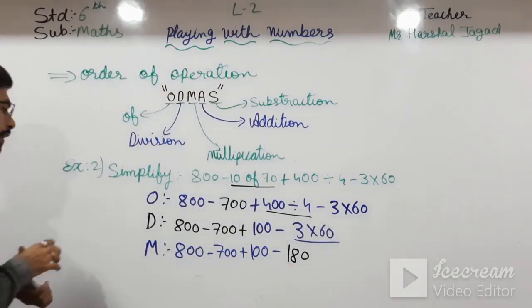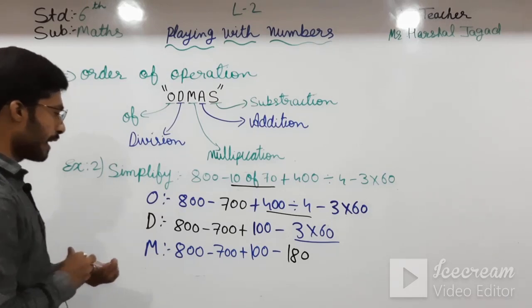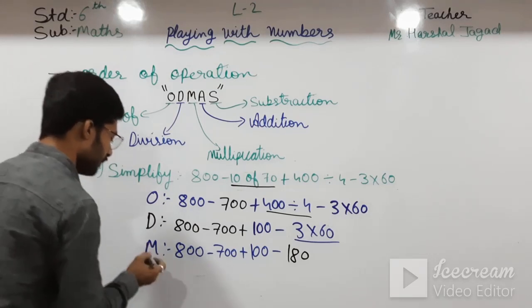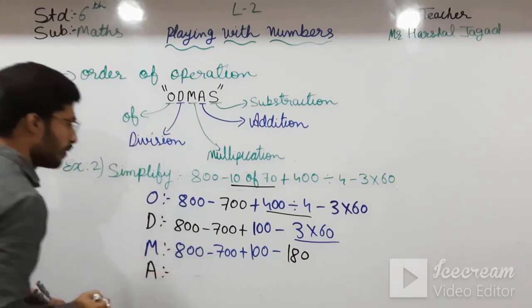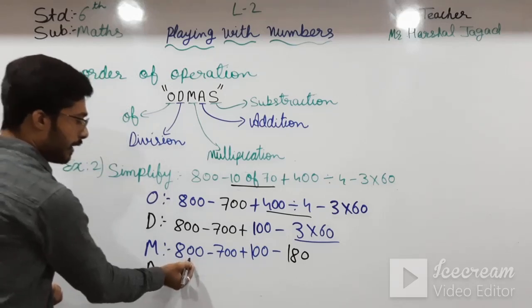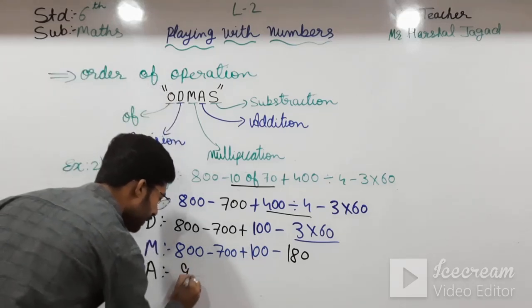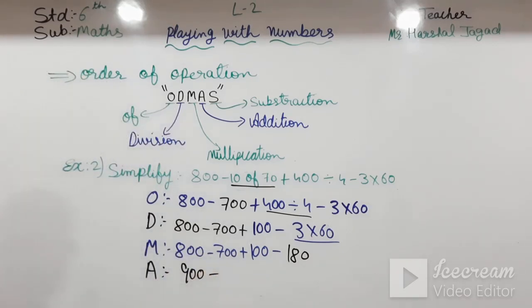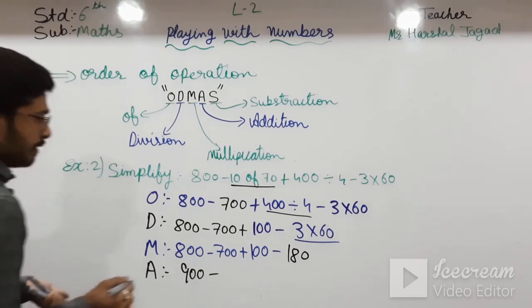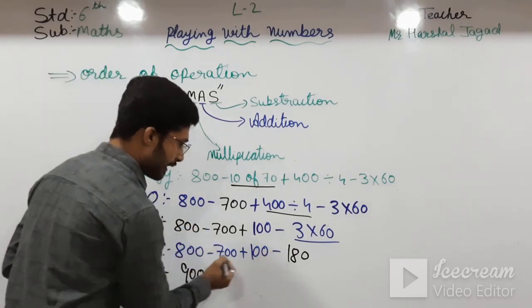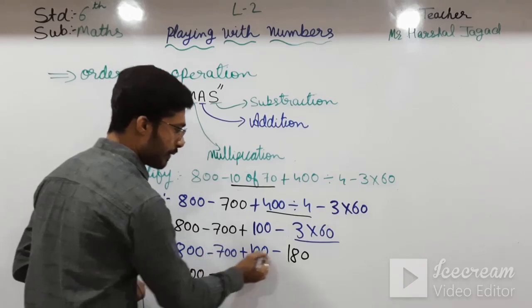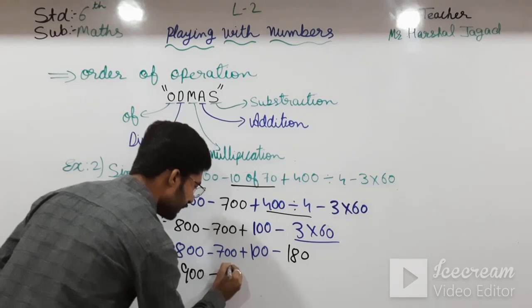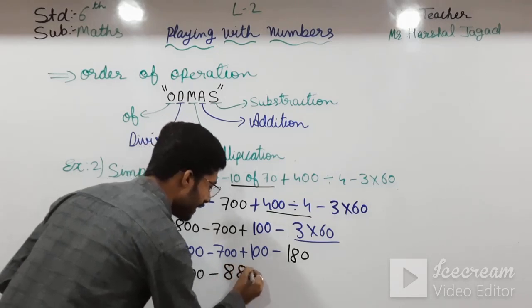Now it's time for addition. That is A. So 800 plus 100, that is 900. Okay, and if I add minus, that is plus 700 plus 180, that is 880.